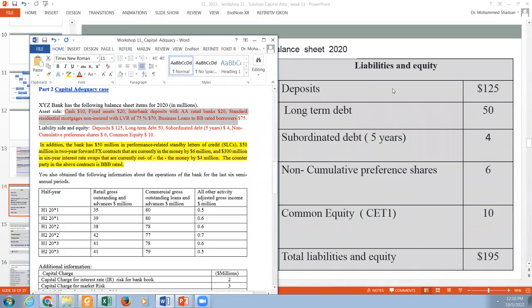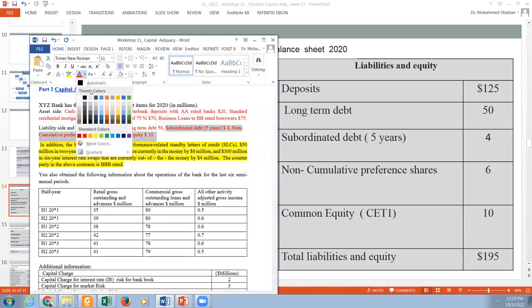What we are actually interested in, in the problem for the capital adequacy, is these three. We are not interested in the rest of the liability side. We just want to see the capital. We want to understand the capital and understand which capital this is.